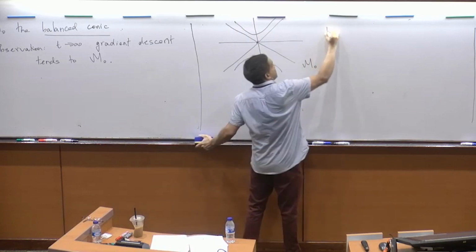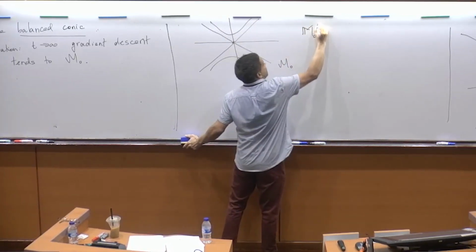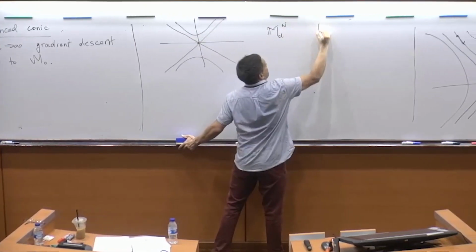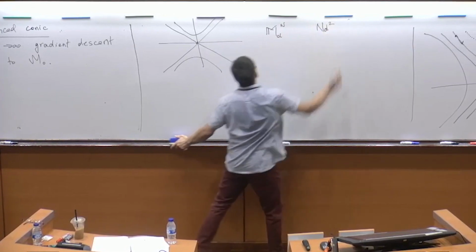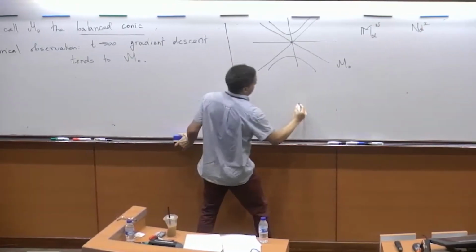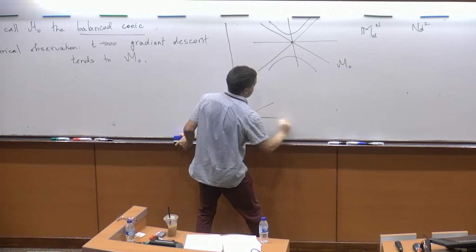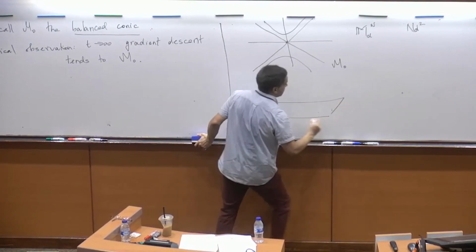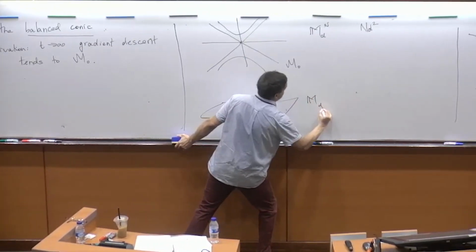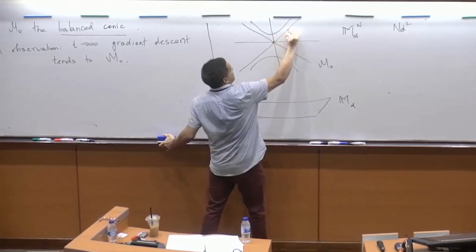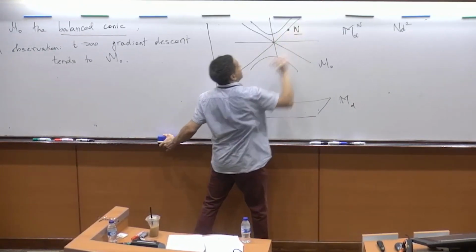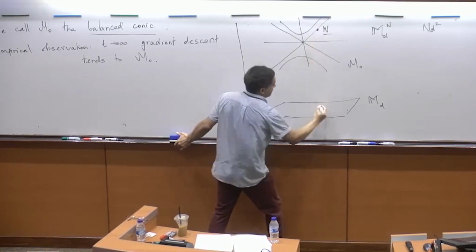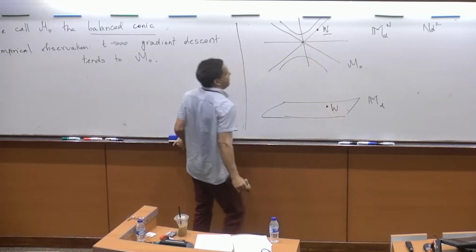This space is MdN, so that's n times d squared in terms of dimension. And then downstairs, the point over here is called W underscore, and downstairs is the W.